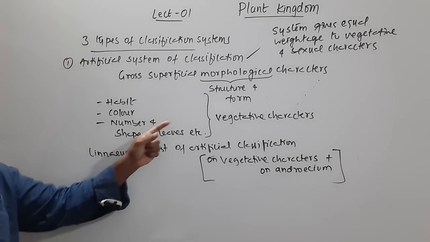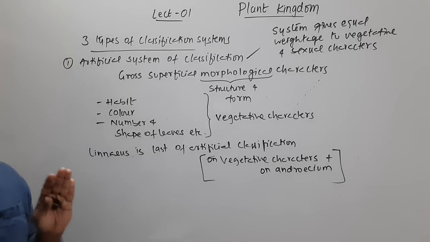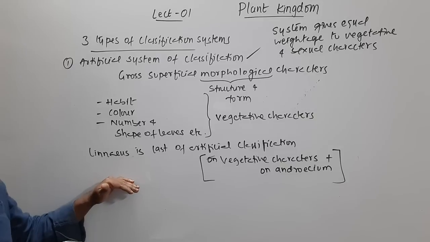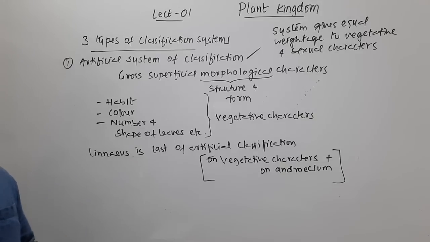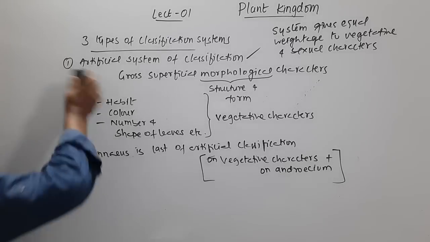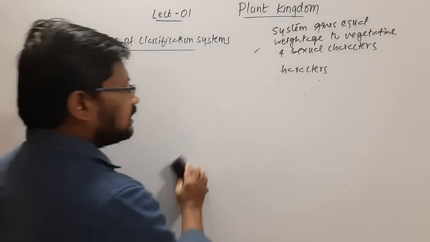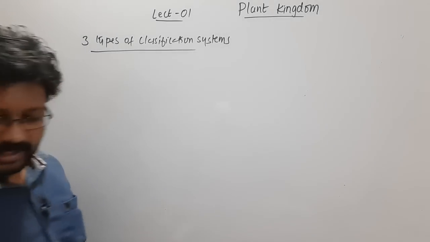But the point is, the vegetative characters go on changing according to the environmental conditions. So later the scientists understood this, and in course of time they stopped using the artificial system of classification. Now no scientist in the world uses it, and it was replaced with the natural system of classification.